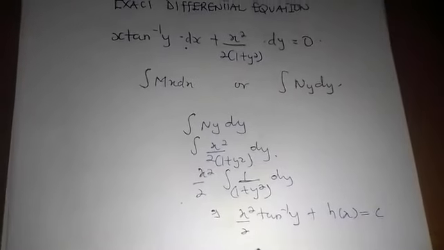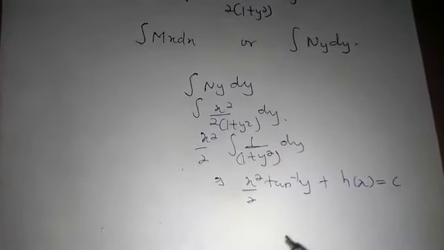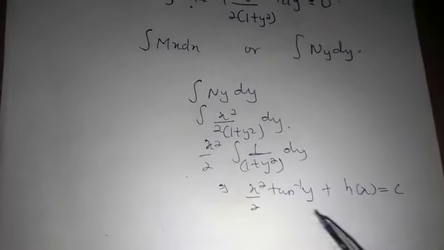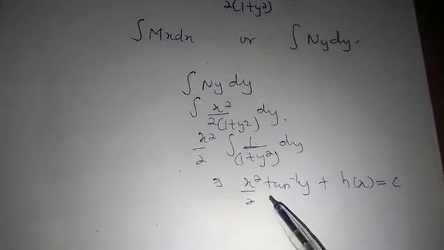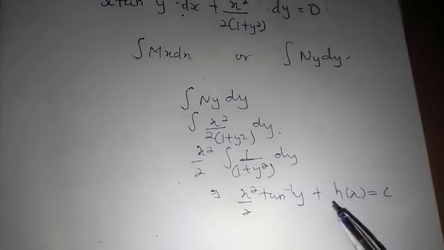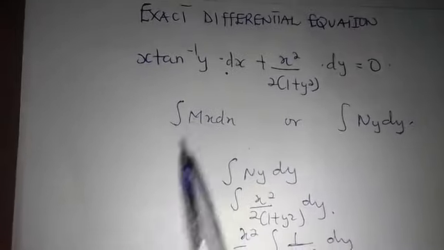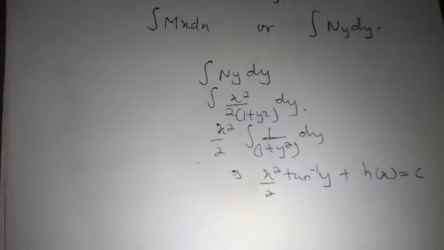That would be the general solution for this exact differential equation. But we need to find a value for h of x to make our solution complete. To do that, we will differentiate this with respect to x. Then we will equate it to the partial derivative with respect to x part here. So how do we do that?